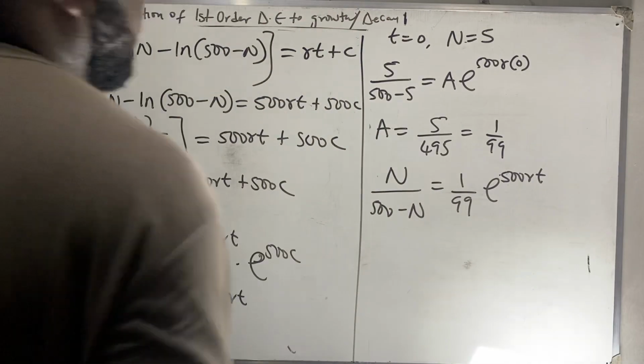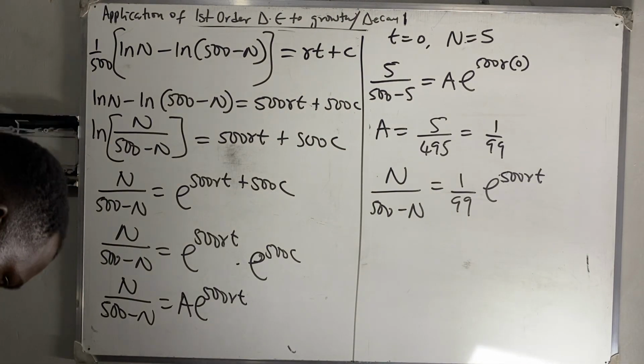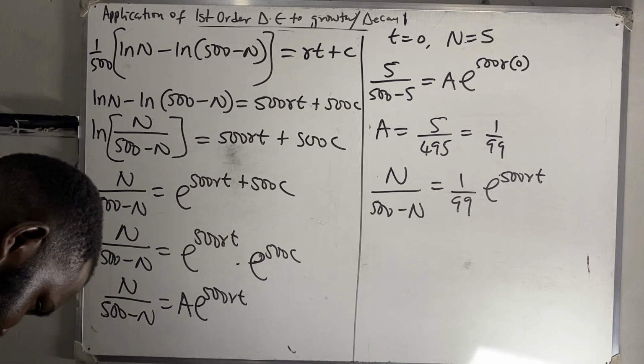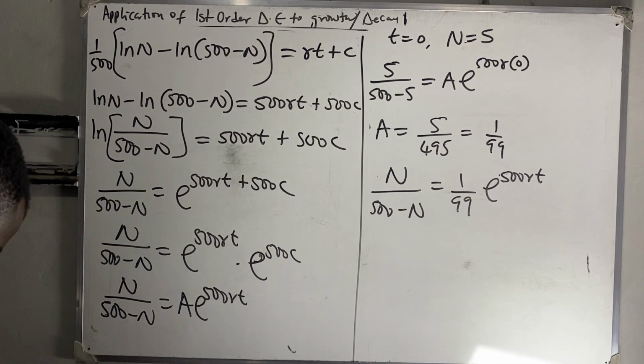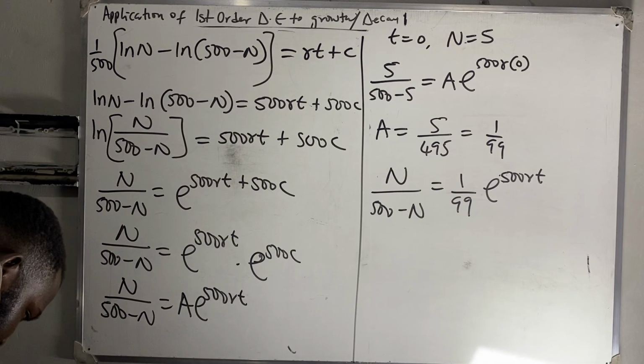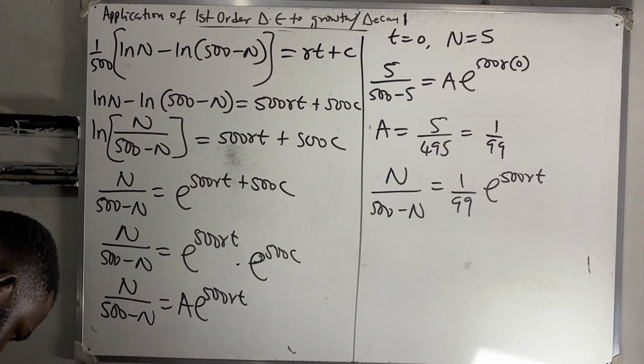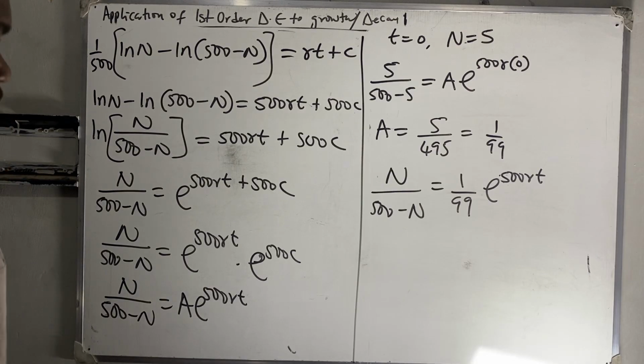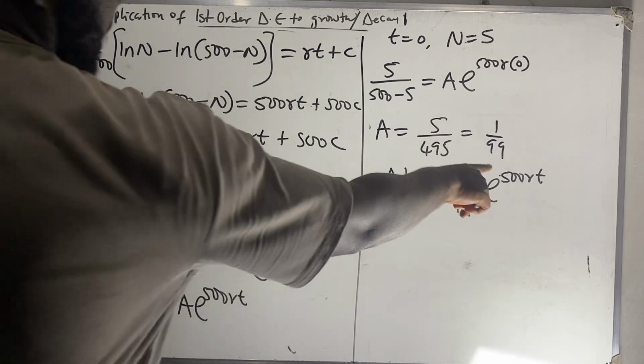So having this, we can now find what we are asked to find. What are we asked to find? We're asked to find the time it will take for half to be affected. But we don't know the rate, and they did not give us anything to help us find it, so we're going to be finding it in terms of r.